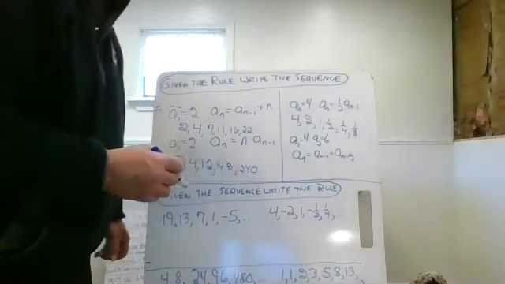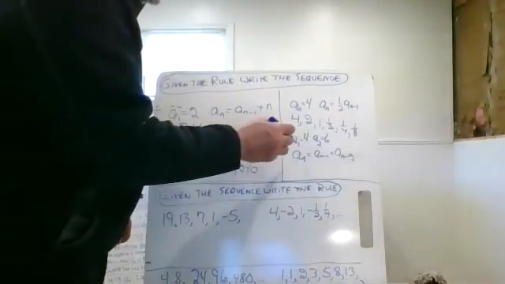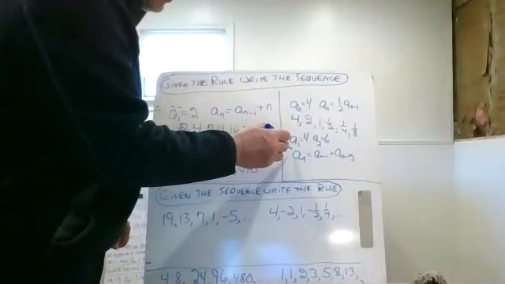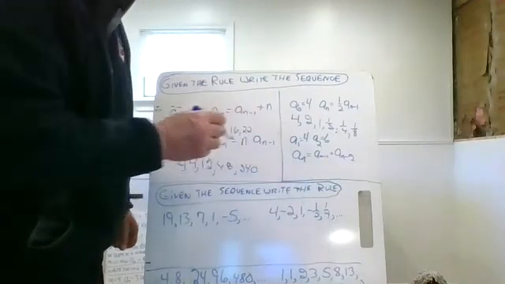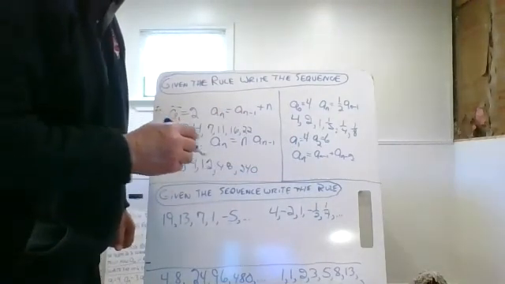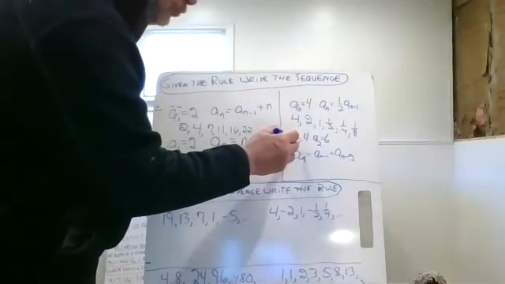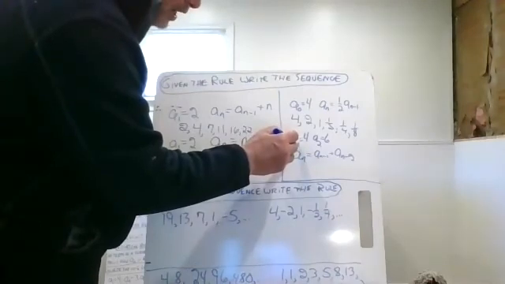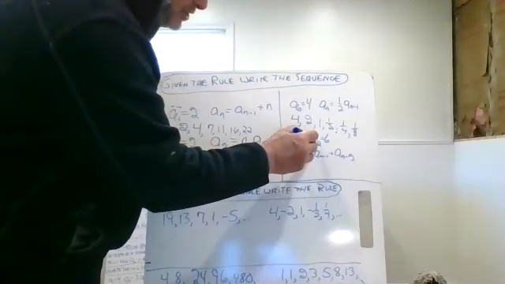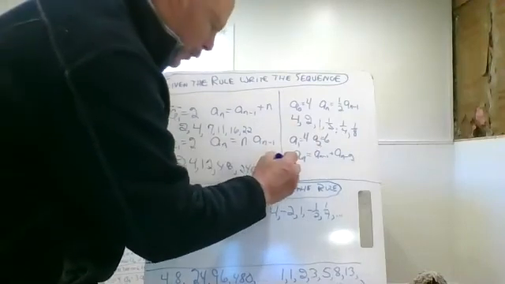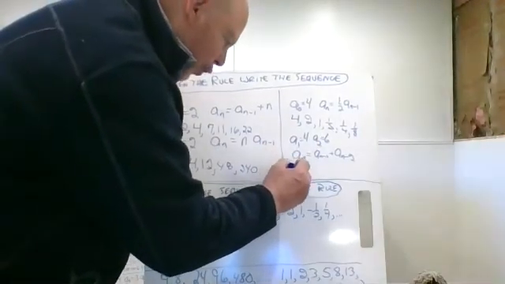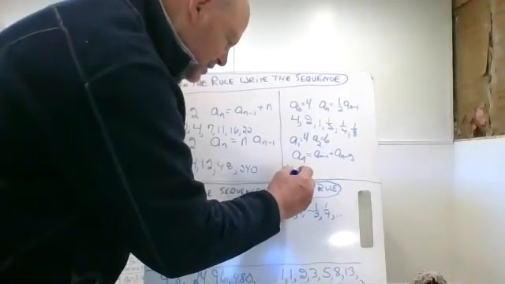Okay, now here is another type of recursion formula. They give you not only a sub 1, but they give you a sub 2. So we know we're starting with 4, 6.